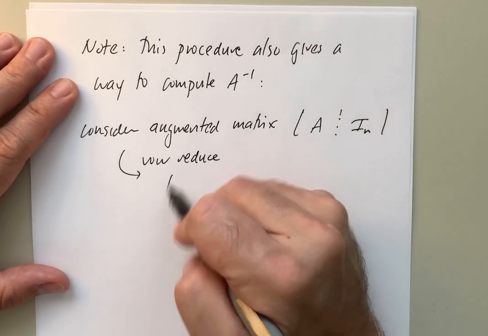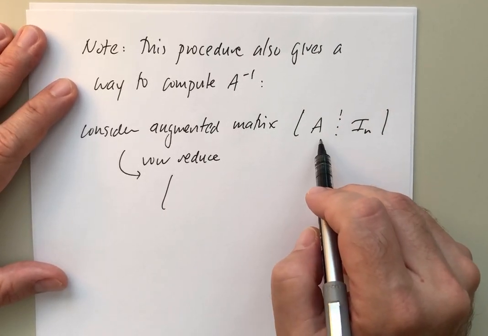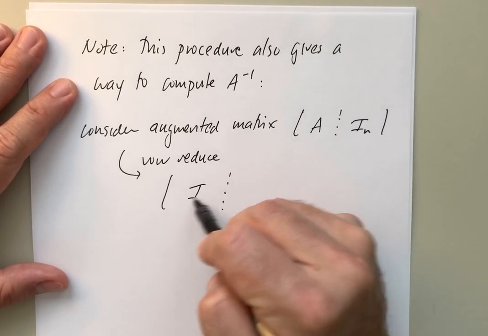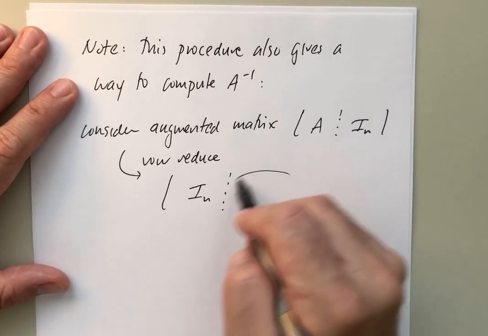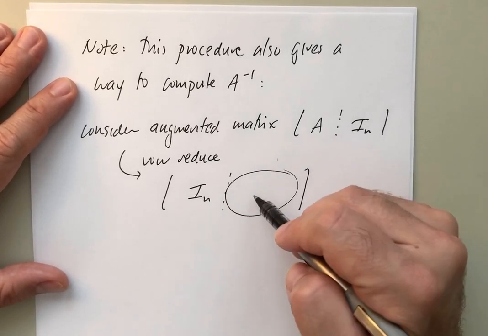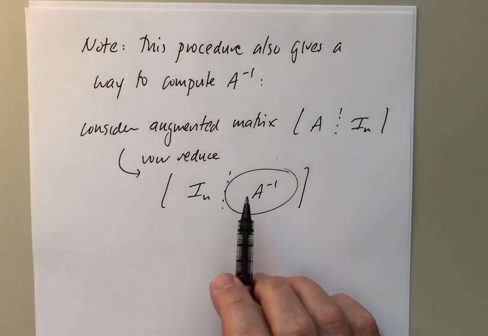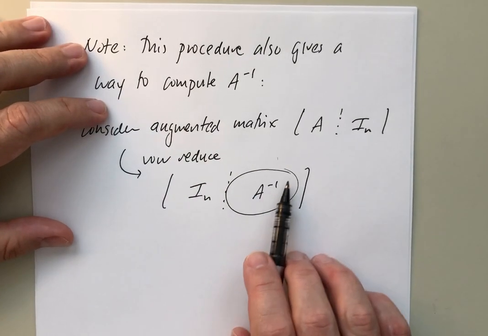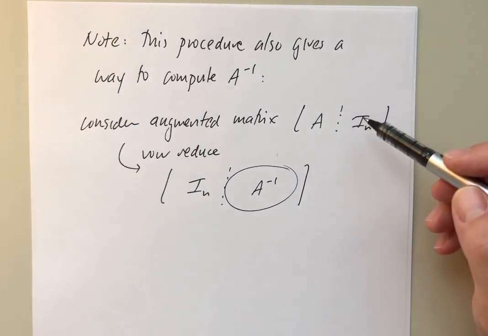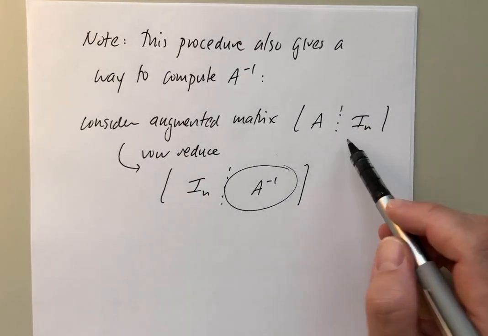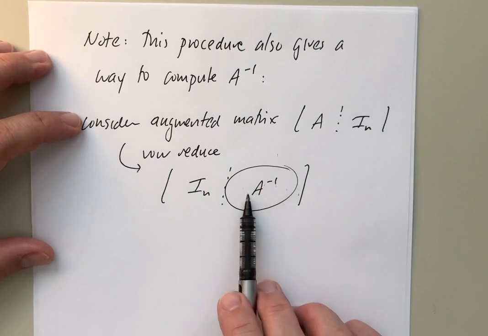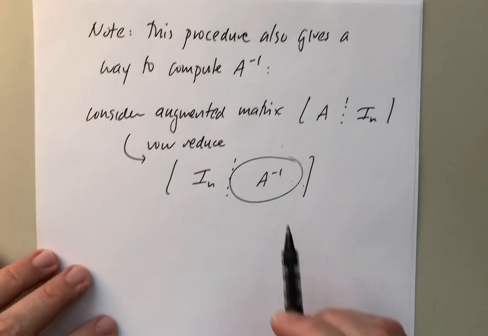If A was invertible, the left side will change to I_n, and this stuff will come along for the ride, and whatever shows up here will be A inverse. Because if you think about it, I'm actually solving those n systems that I talked about before, so what I'm getting is the columns of A inverse. Okay, and so this follows from what we just did.